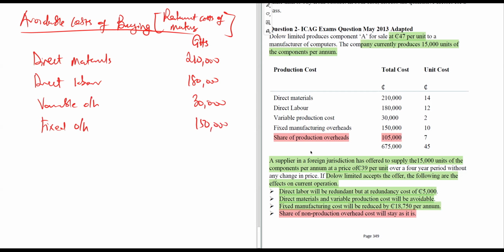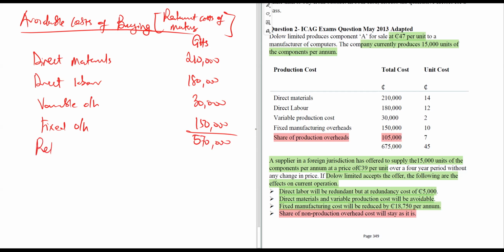And the share of production overhead stays the same irrespective, so ignore it. Do you all agree? So it's irrelevant. That gives us how much? 570,000, right?